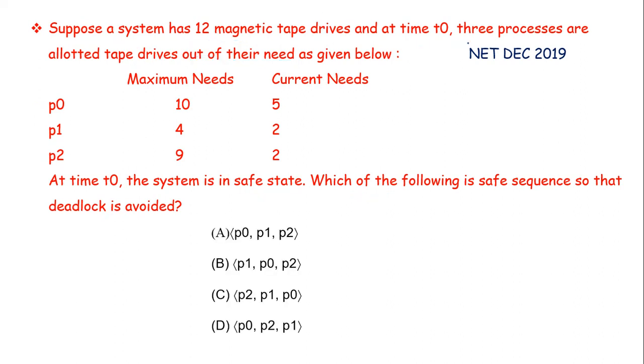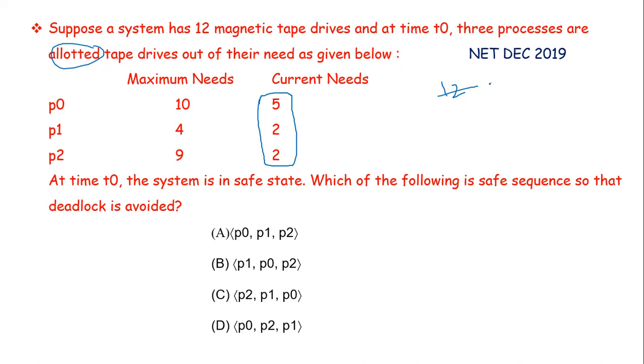Now in the question we are given that at time t0, 3 processes are allotted tape drives out of their needs. These are the needs. We have a total of 12 drives, right? Now all these needs are fulfilled. This is given in the question. So a total of 5 plus 2 plus 2, that is 9, drives have been allocated to these processes.